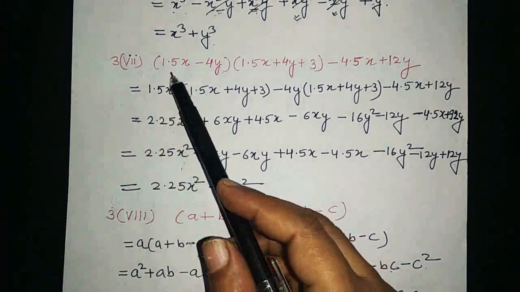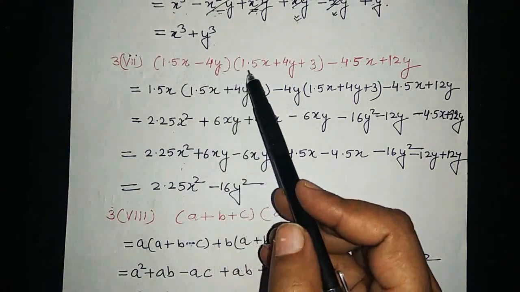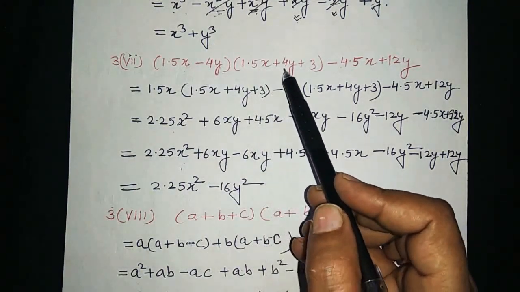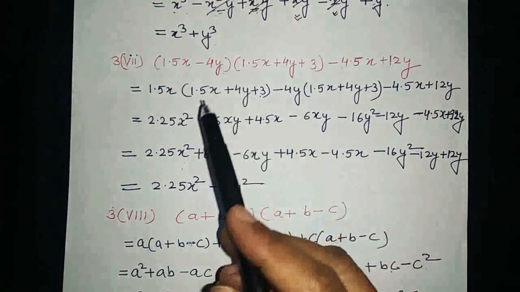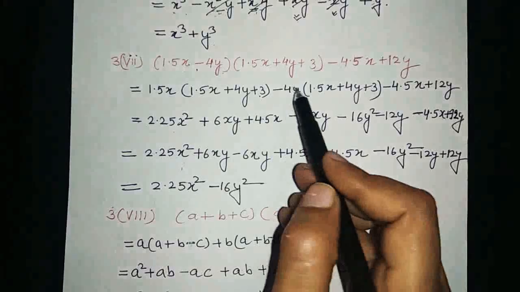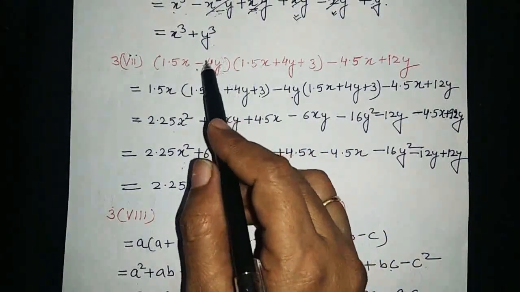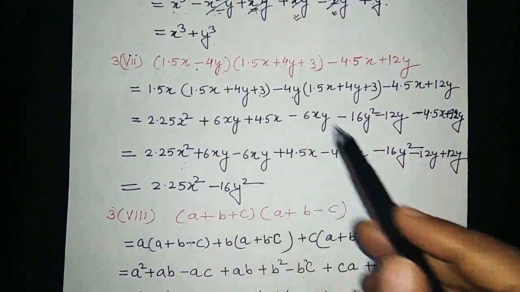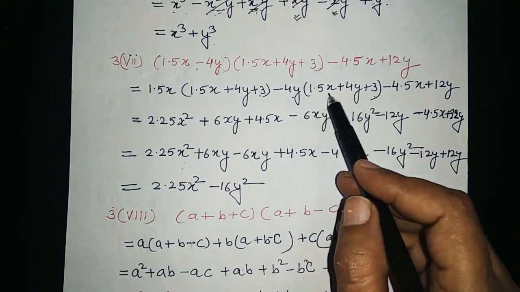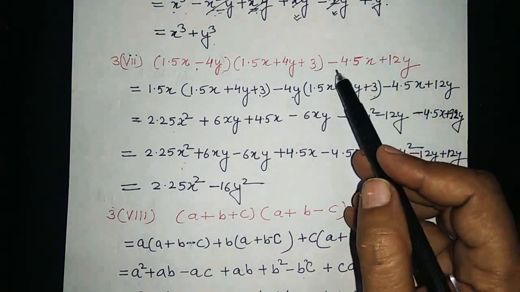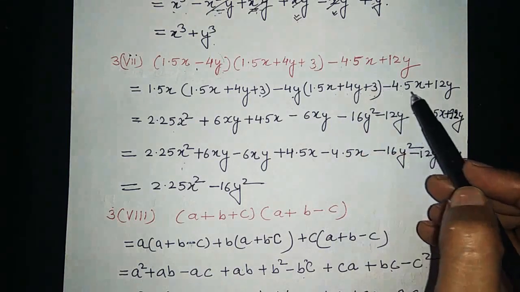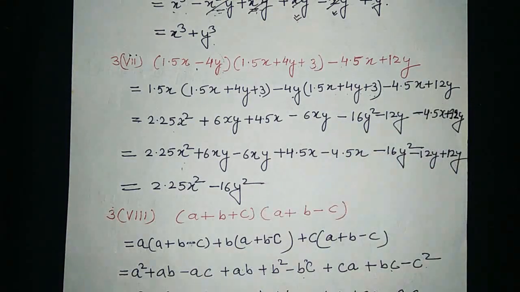Okay, so 1.5x into (1.5x plus 4y plus 3) we will write, and after this we will write this minus sign, and 4y we will multiply with this trinomial 1.5x plus 4y plus 3, and then we will write minus (4.5x plus 12y).